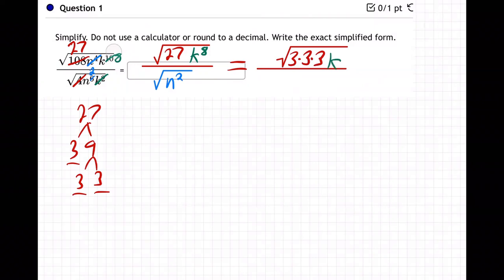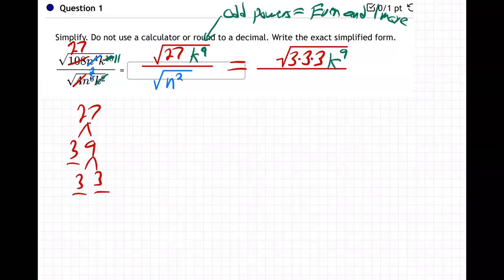Hey, let me make this question more interesting. Let's pretend this said k to the 11th, just to make it more interesting. Then this would be k to the 9th right now, right? What would we do? What do we always do with odd powers? Odd powers, we always write even and one more. That's how we write an odd power.